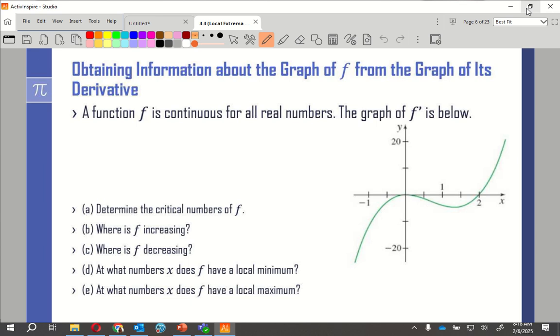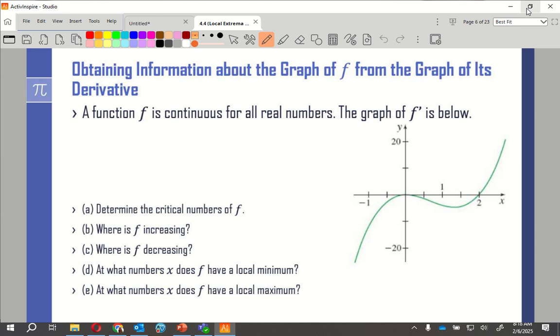So continuing, we're talking about obtaining information about the graph of f from the graph of its derivative. Now, this is a derivative. That's important. Derivative means that is my slope. So it's showing a graph of all my slopes.